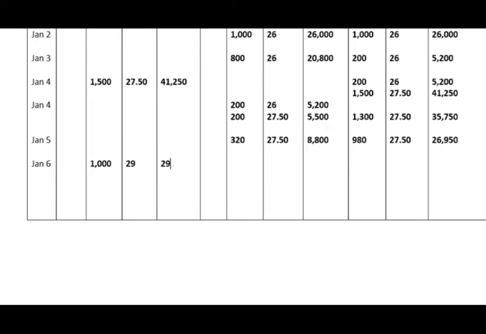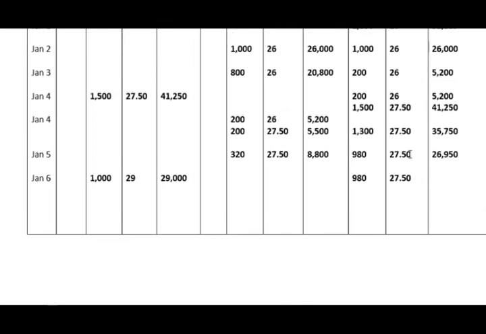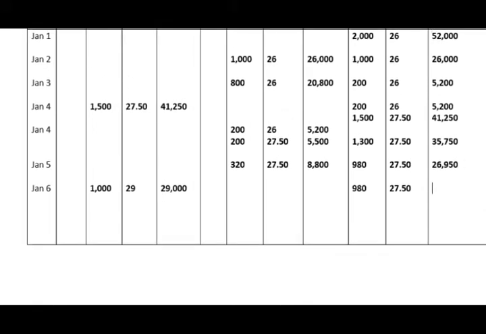So we'll write down the balance 980 directly, 980 at the rate of 27.50, which is 26,950. And again we have a further purchase of 1,000 units at 29 rupees. The amount is 29,000. I hope this is clear.